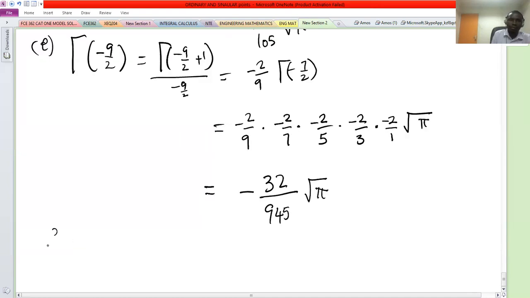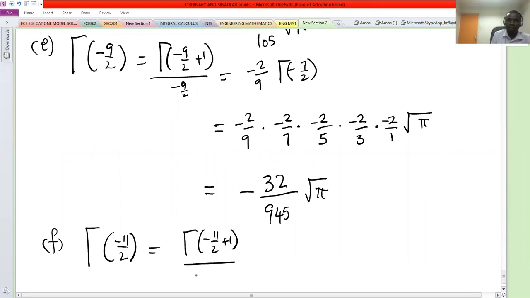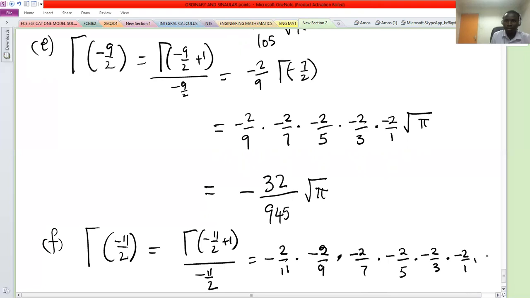And then F, gamma of minus 11 over 2 will be gamma of minus 11 over 2 plus 1 divided by minus 11 over 2, which will be minus 2 over 11 times minus 2 over 9 times minus 2 over 7 times minus 2 over 5 times minus 2 over 3 times minus 2 over 1, then root pi.